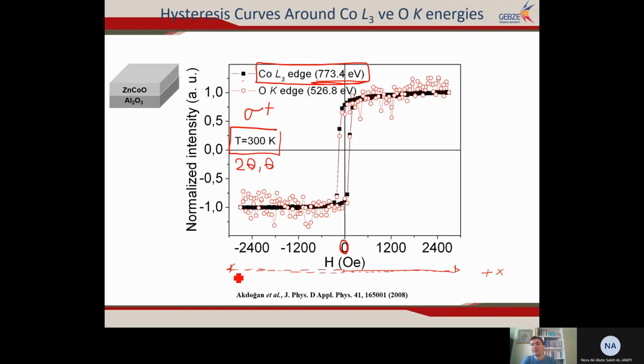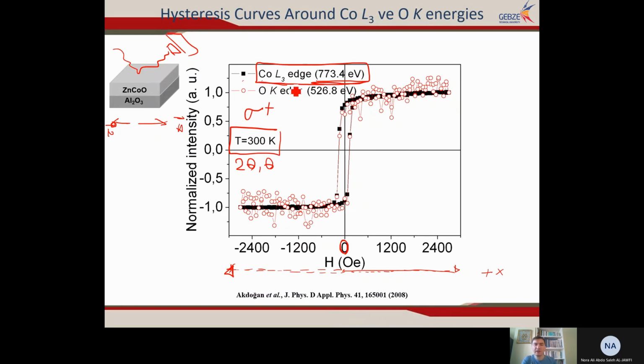So this is the magnetic field scan, okay? Everything is fixed. I just scan the magnetic field and the intensity is recorded by the detector here. So I reverse the direction of the magnetic field, and I also change the magnitude of the magnetic field during the magnetic field scans. So then here I have a hysteresis curve.